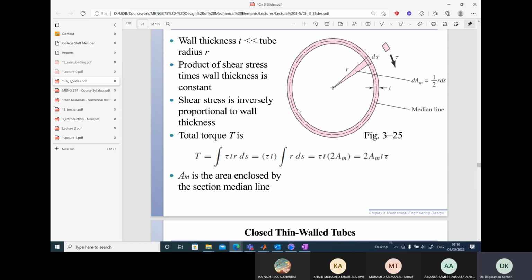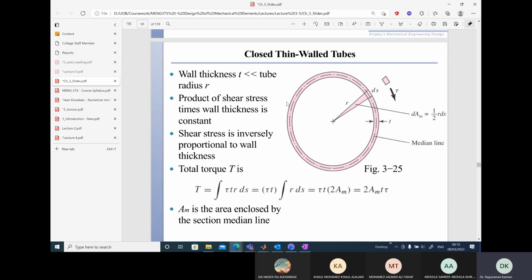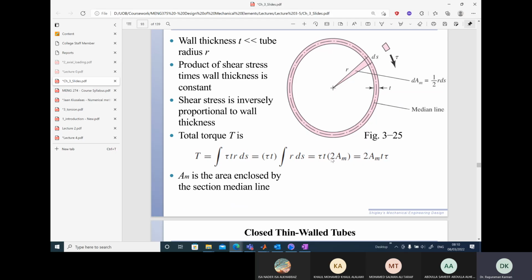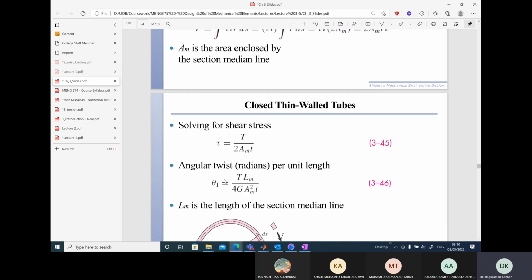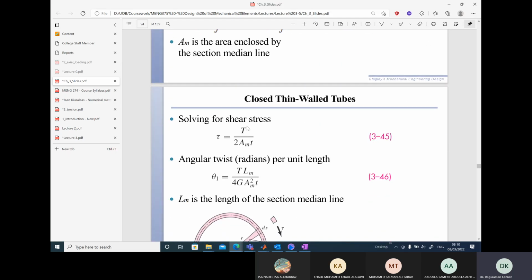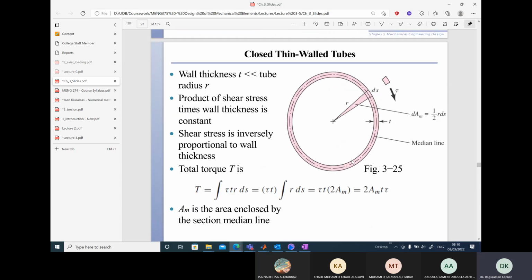So let's see other formulas for finding out stress. For example, if you have closed thin wall tubes, what is the shear stress when you apply a torque on it? So the formula is simple here given. You can directly use this formula, torque over 2 AMT. What is AM? AM is the area enclosed by the median line.